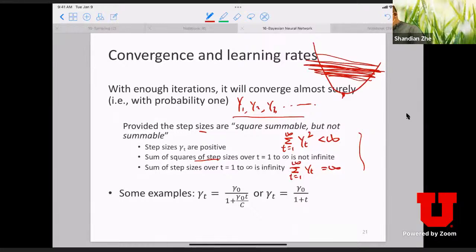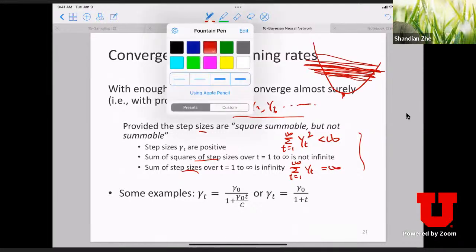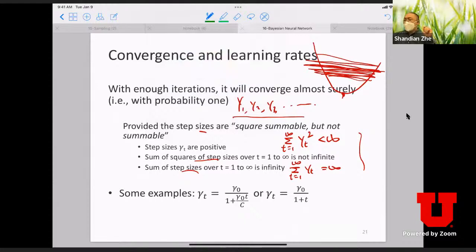So square summable is to avoid this kind of case. And then what does not summable mean? It ensures, at the same time, that your step sizes are not too small.